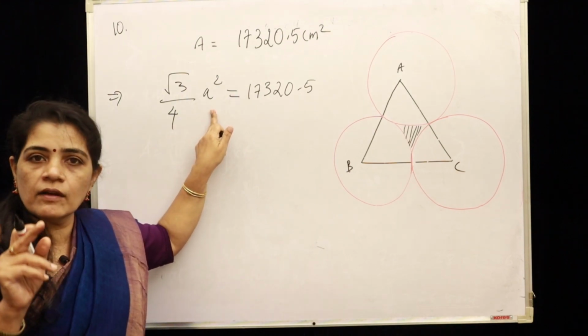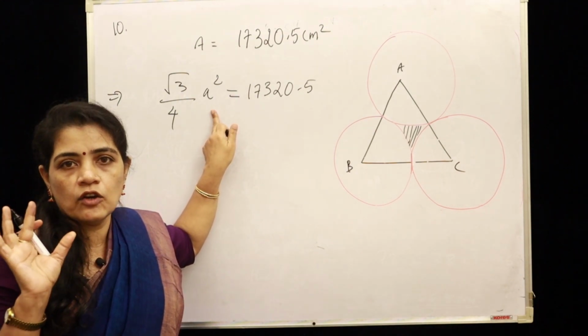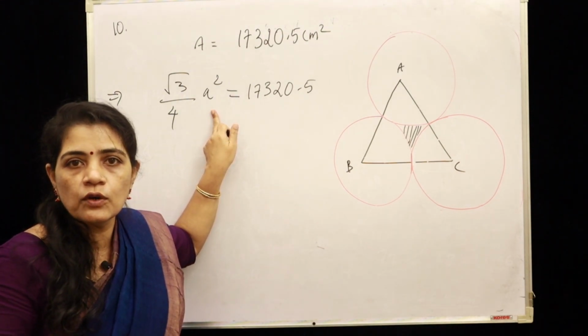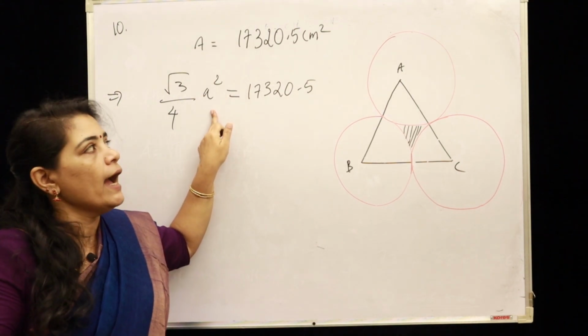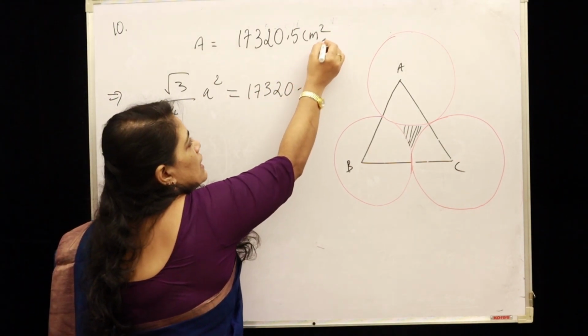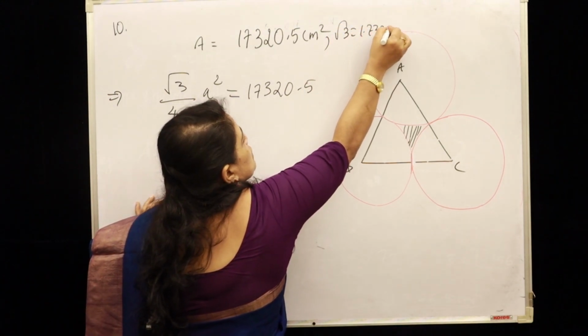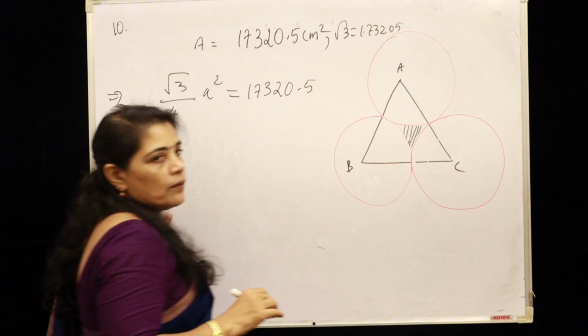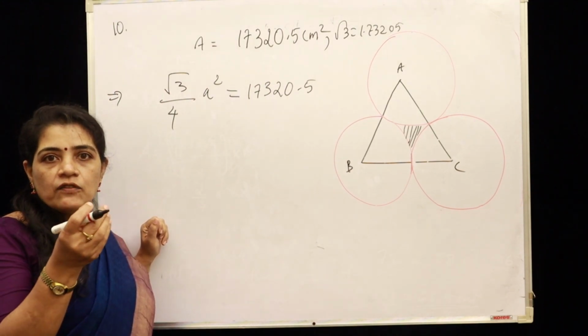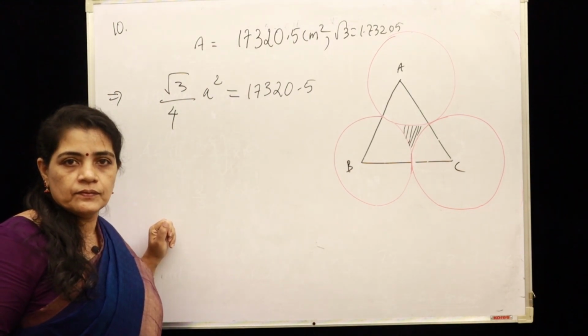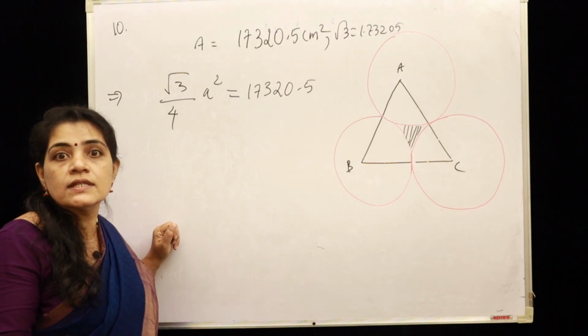Here the only variable is a, the side, that is what we are going to calculate now. The value of root 3 is given as 1.73205. We substitute that value for root 3 to make our calculation simpler.